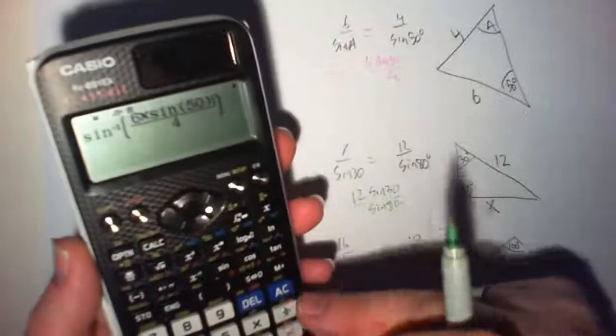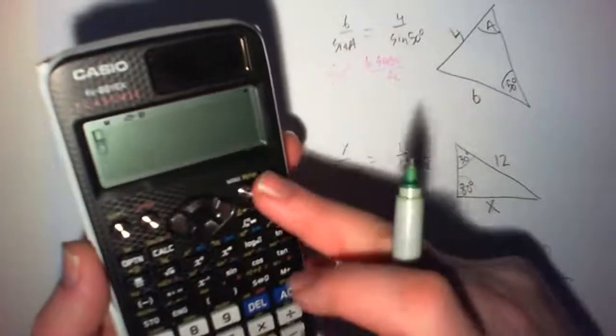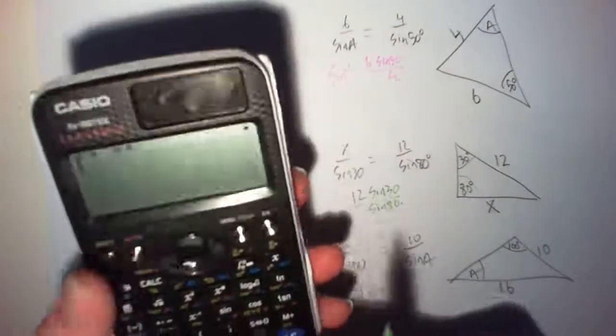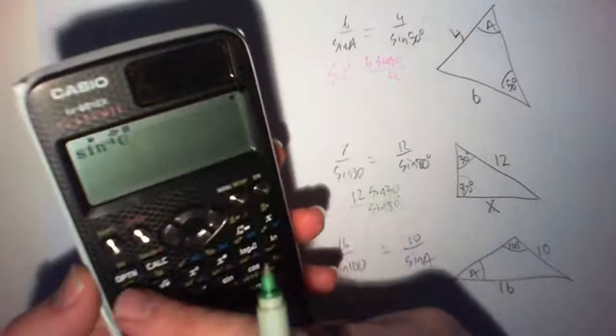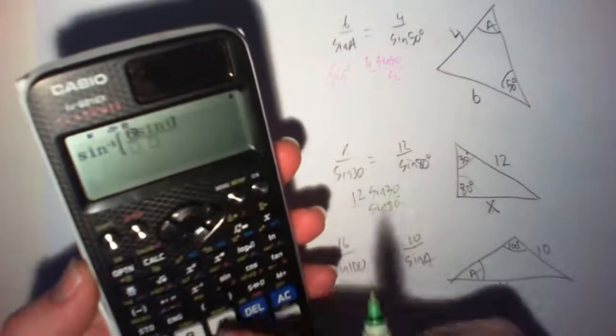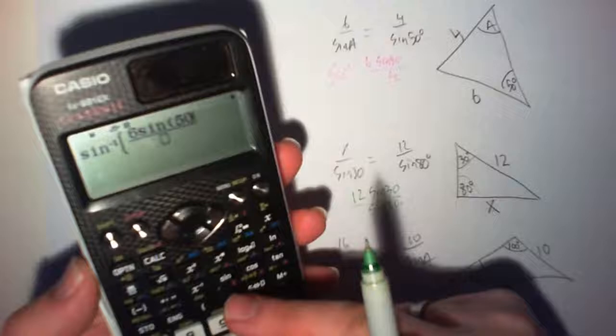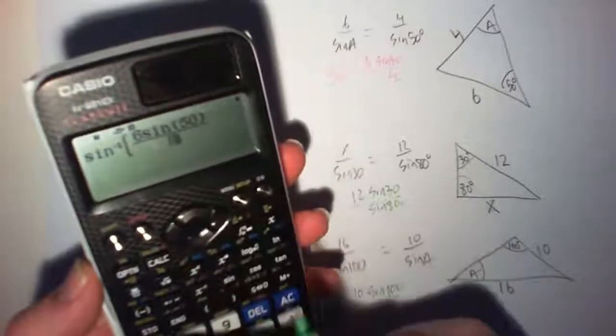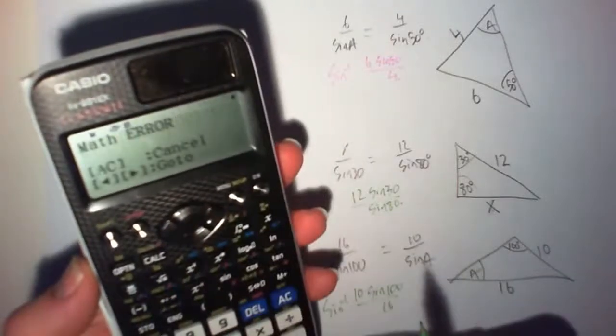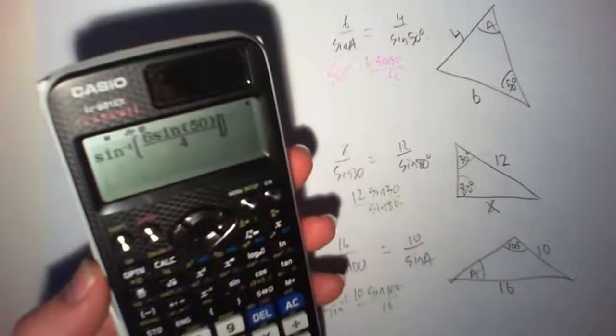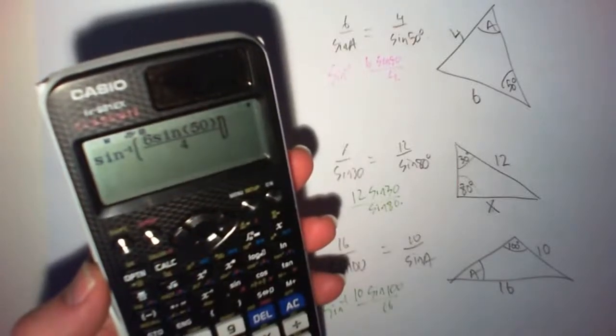I give up. Okay, let's do it again. Sine inverse fraction 6 sine 50. Maybe it's the multiplication thing. Over 4. All right, why that's happening.